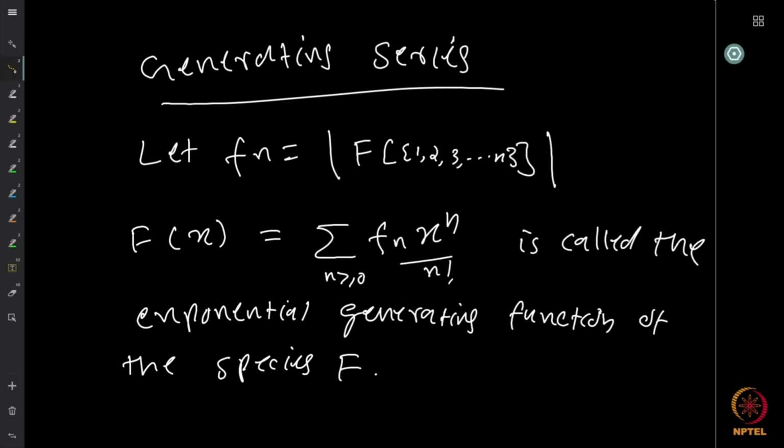And this, as we have seen in the case of generating functions, is called the exponential generating function of the species f. Okay, so this basically counts fn, and if you want to recover fn, you have to just find the coefficient of x raised to n by n factorial in f of x.